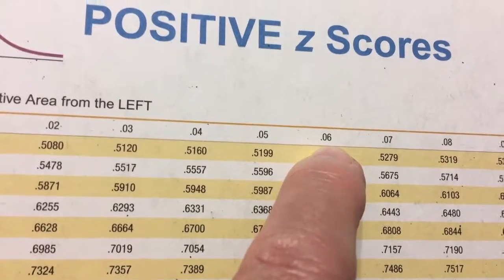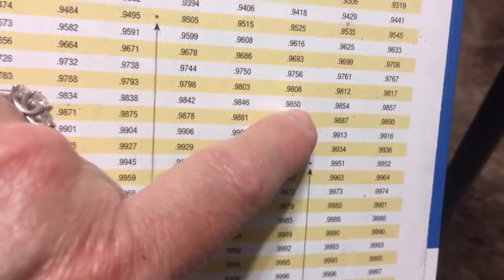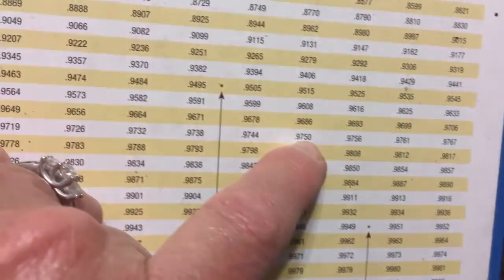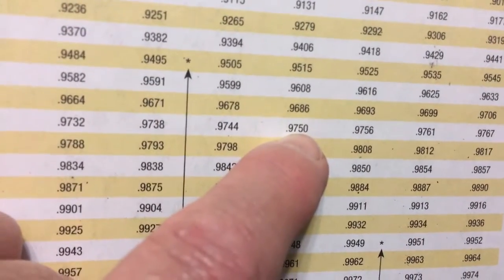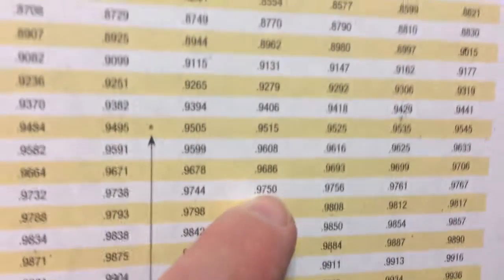So 1.96 is what I get for the z-score that goes with 0.975. Every time I do that, I'm going to get 1.96.